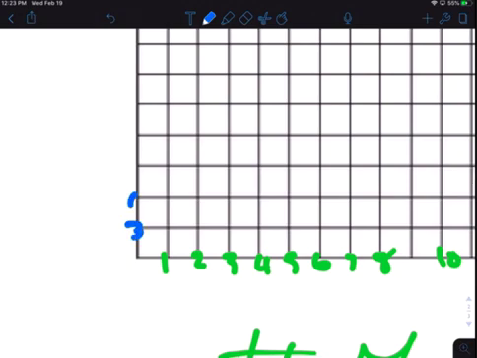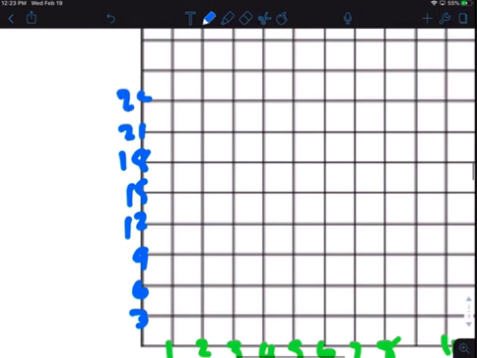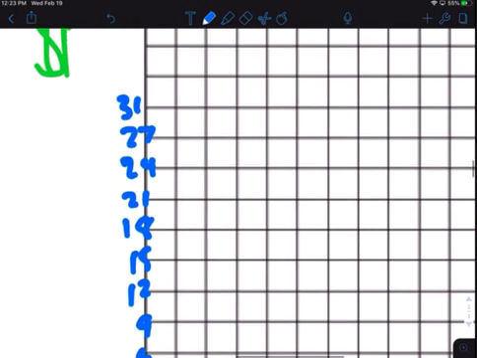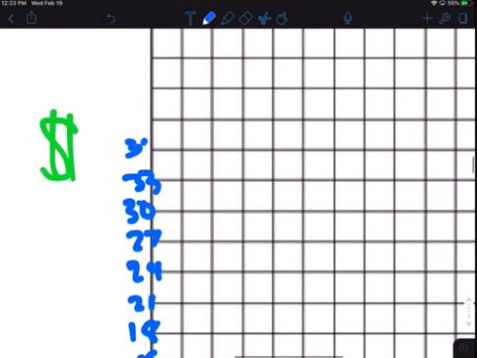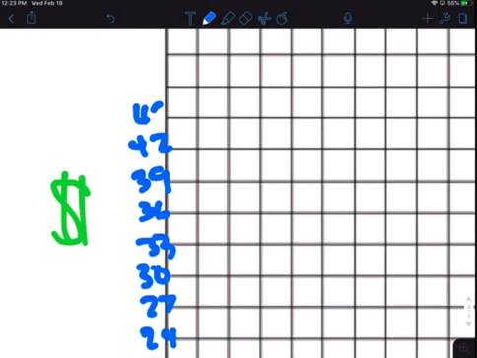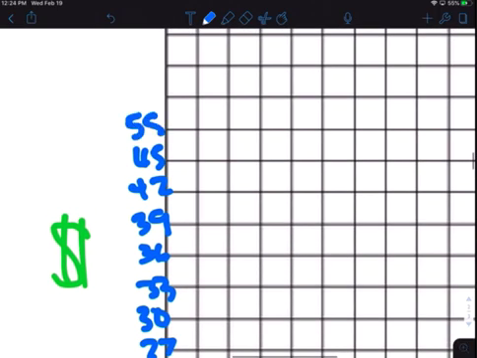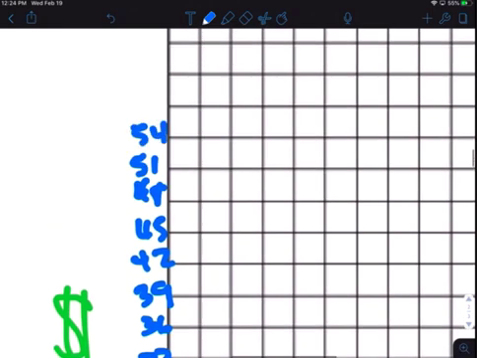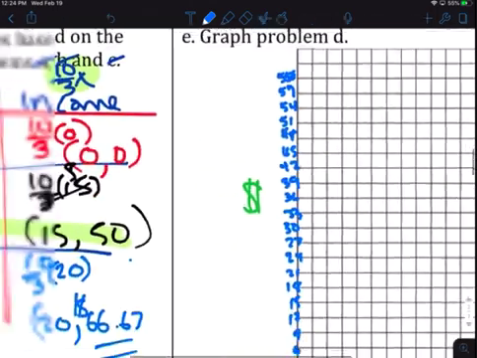So 3, 6, 9, 12, 15, 18, 21, 24, 27, 30, 33, 36, 39, 42, 45, 48, 51, 54, 57.